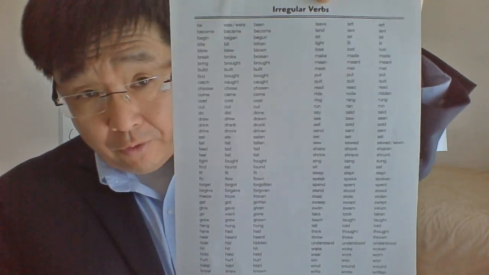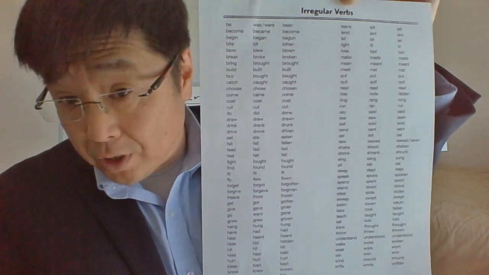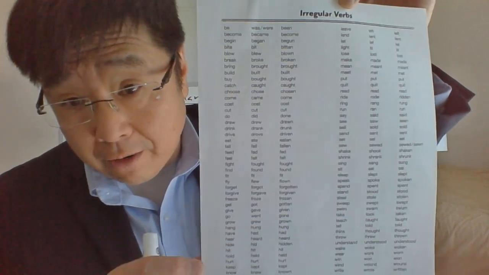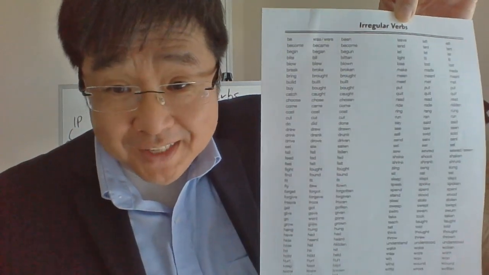And here's the sheet of irregular verbs that I hand out in a real class, I mean offline classes. I wish I could give each of you a copy, but I can't right now because you're not here.